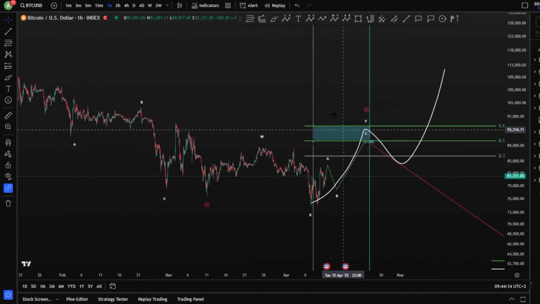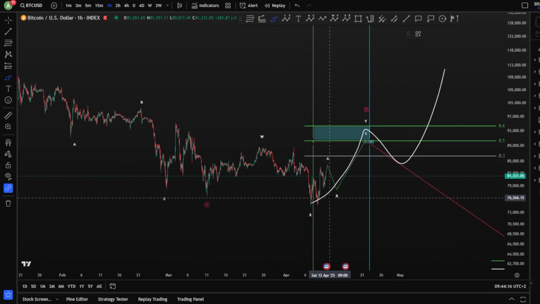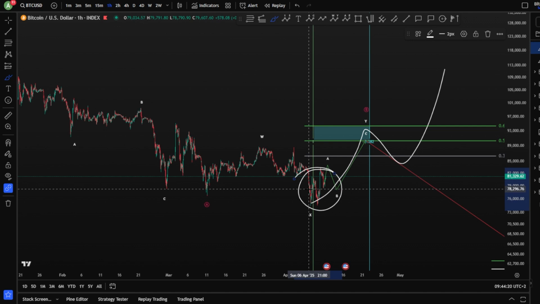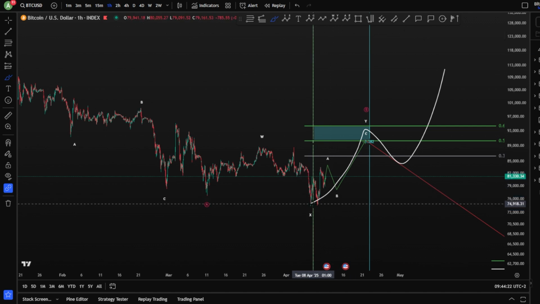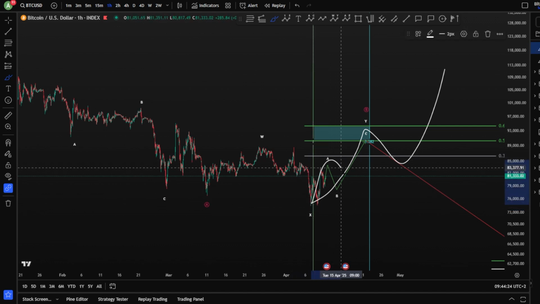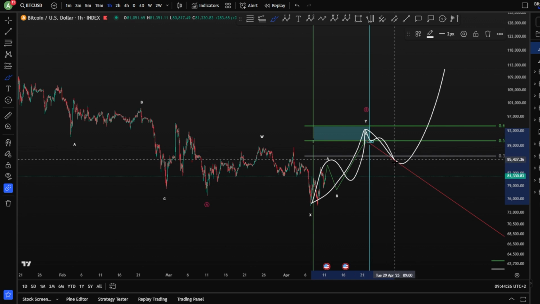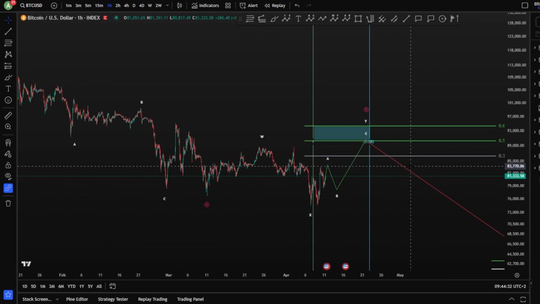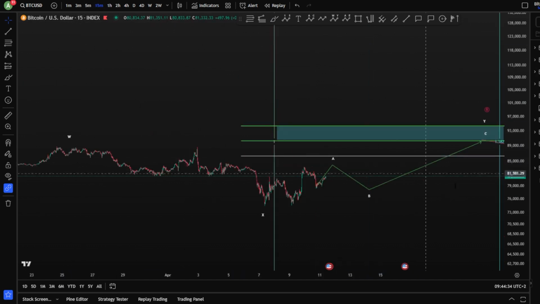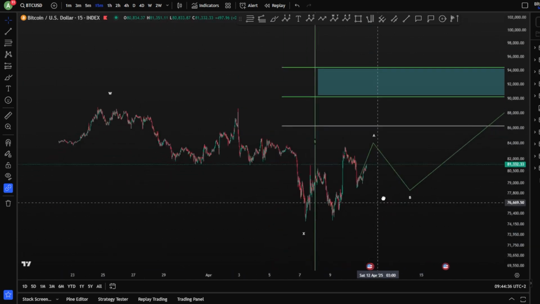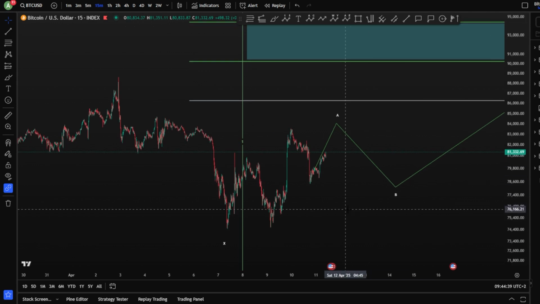So the possibilities are very high to move even higher, knowing that even though we are corrective here, it's not necessarily going to be very impulsive. Don't forget, if you create three waves up, three waves down, you can still move higher in a wave C later on. So right now on the 15-minute chart for the micro, we are still looking for this wave toward the upside.